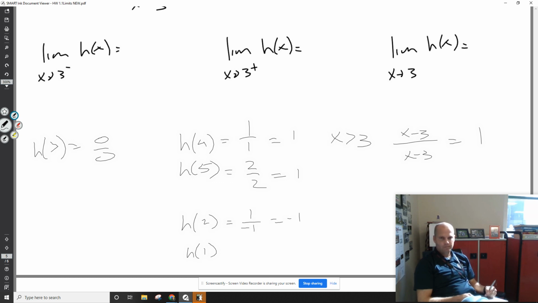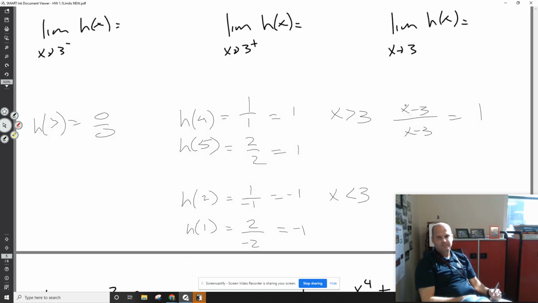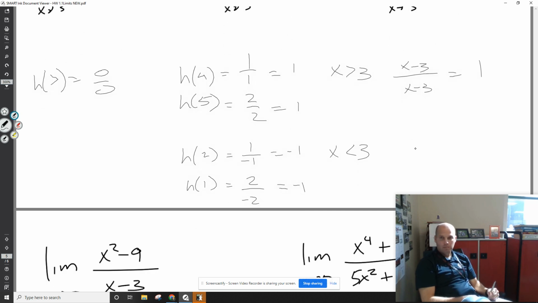Okay, that's -1. If I plug in 1, I'll have a positive 2 because it's 1 minus 3, which is -2. Absolute value makes it a positive 2. Positive 2 over -2. Okay, that's -1. If I plug in any x less than 3, I'll have positive x minus 3 over a negative x minus 3, essentially. And that gives us -1.